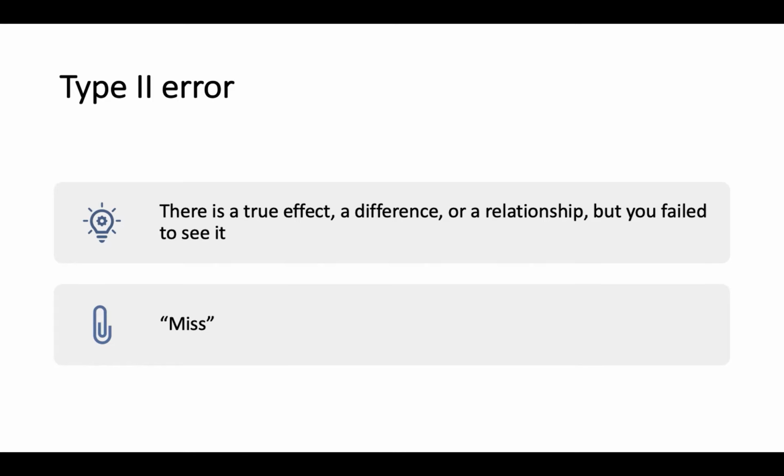Conversely, a type 2 error has occurred when there is a true effect, difference, or a relationship, but we failed to see it. So here we would fail to reject our null hypothesis, meaning we support the null hypothesis, when we should be supporting our alternative hypothesis. And this is referred to as a miss.